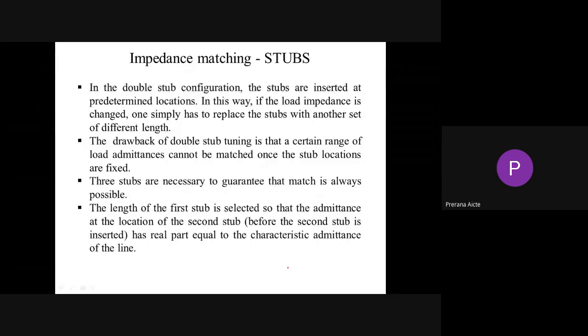So first we have to consider inserting the first stub and then calculating the admittances, to find at what distance the admittance is matched to the load, and also matches the characteristic admittance of the transmission line. At that location, we insert the second stub.